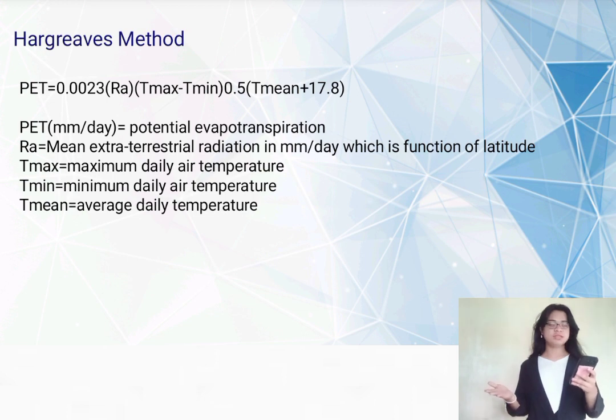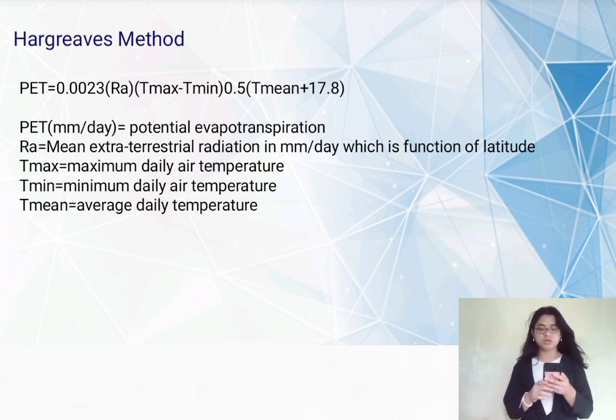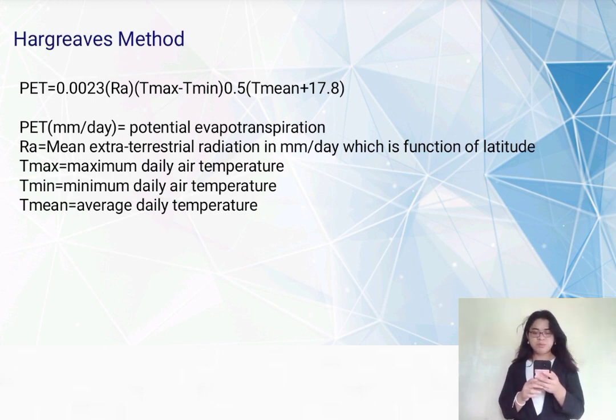For clearer understanding, the Hargreaves method is a simple and widely used method for estimating potential evapotranspiration, or the PET, which is the amount of water that would evaporate and transpire if sufficient water was available. Here's a straightforward explanation. For temperature, this method primarily relies on temperature data, specifically the average, maximum and minimum temperatures.